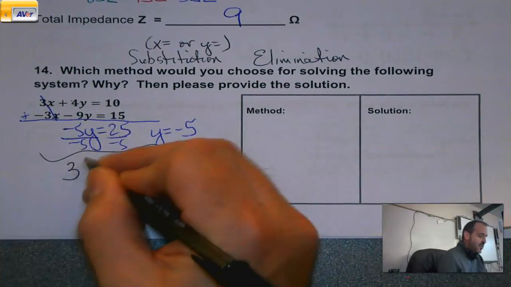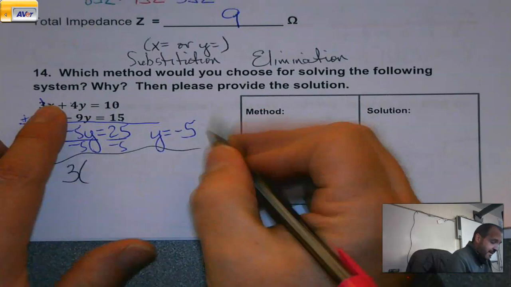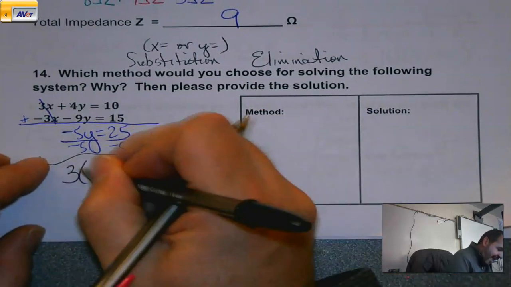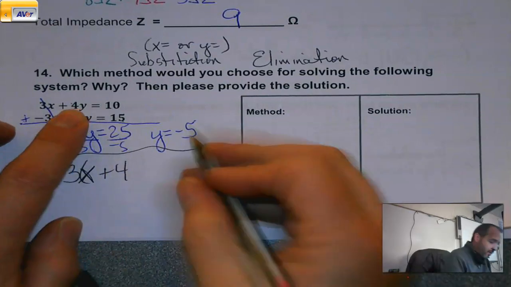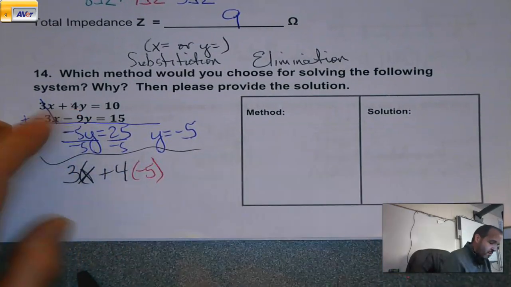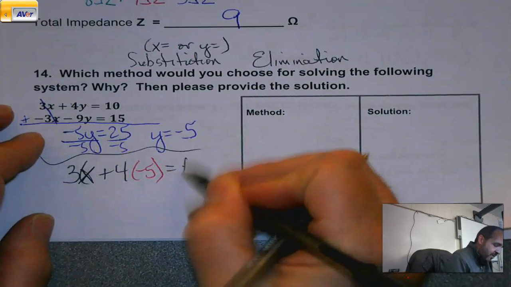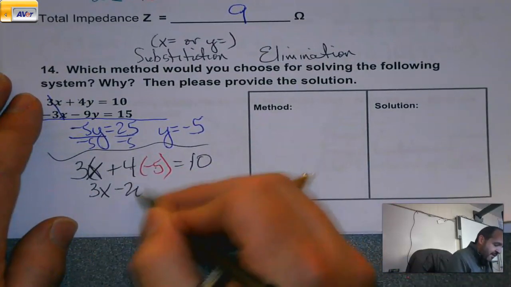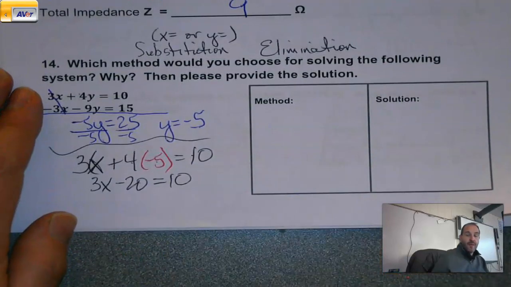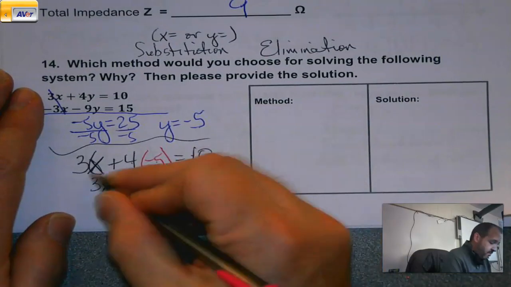And we're going to use substitution. Every place, oops, sorry, that's x. Every place I see a y, I replace with the y value. And then I'm going to solve for what's left. 4 times negative 5 is negative 20. And we're back to Algebra 1 stuff.